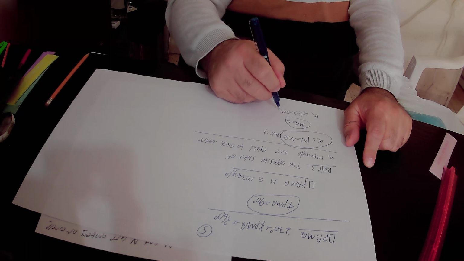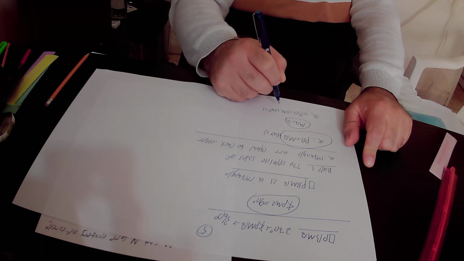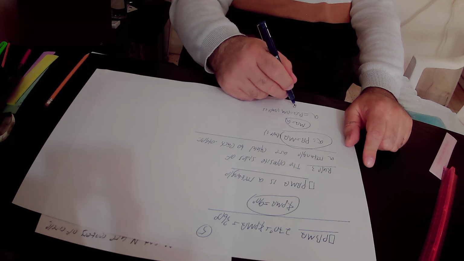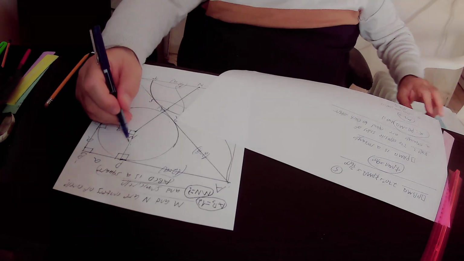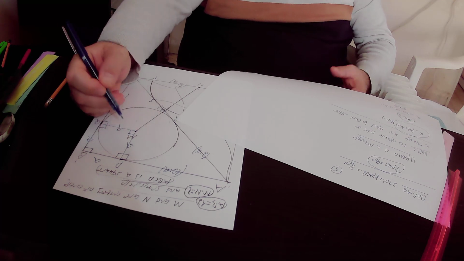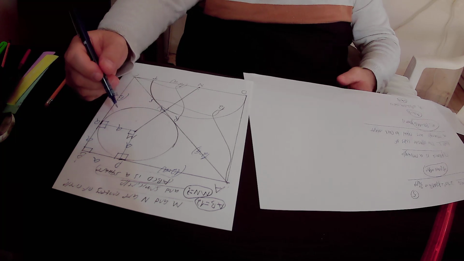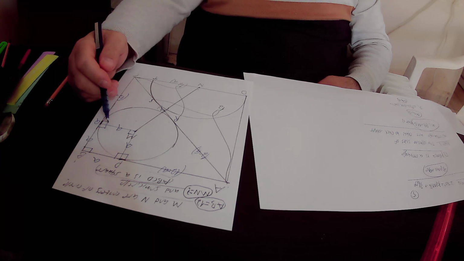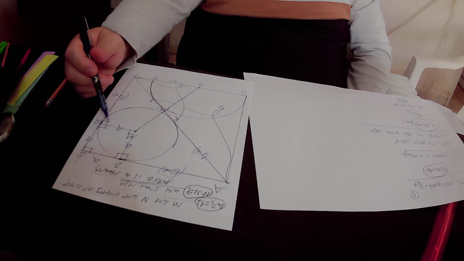So from this equation, A equals BQ equals PM, we conclude that PM is also equal to A. So here PM equals A. So actually we found out that the quadrilateral APBMQ is a square because all of its sides are equal to each other. Okay?